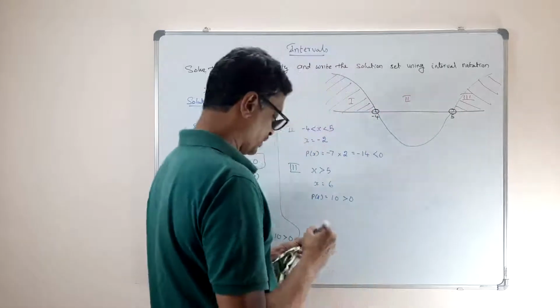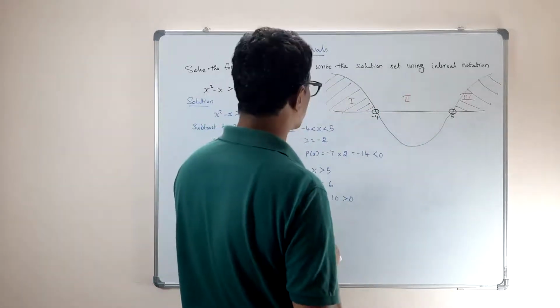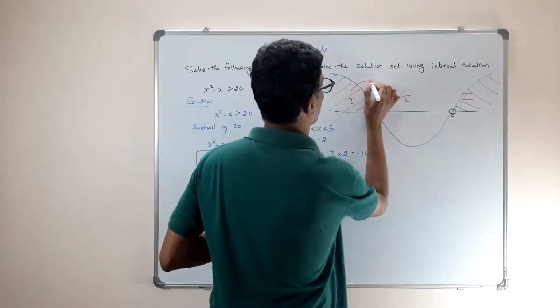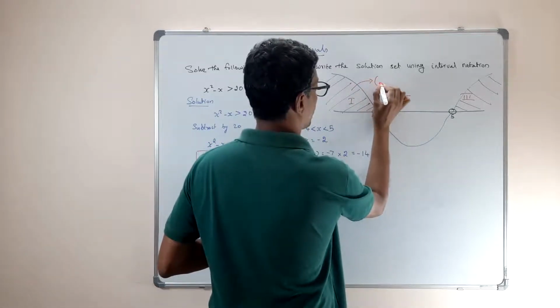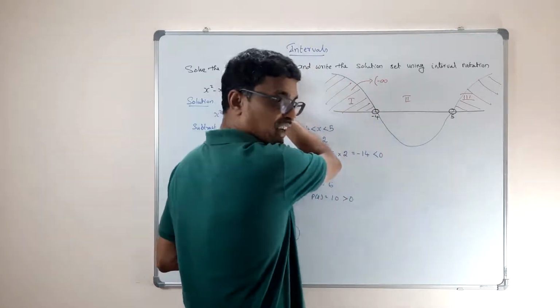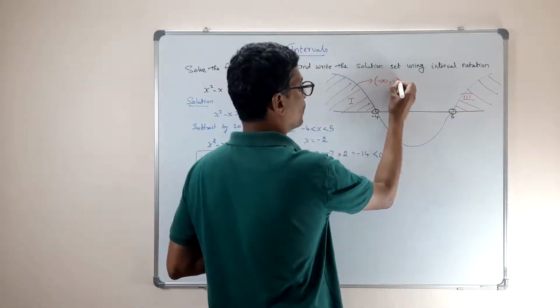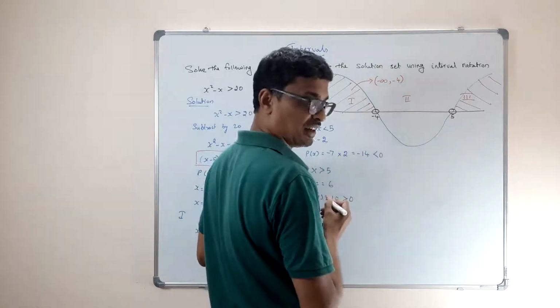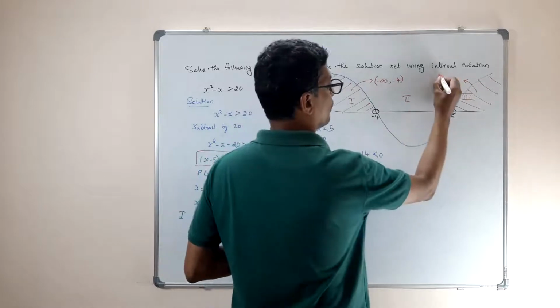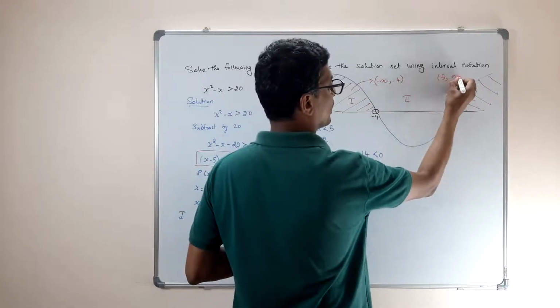So this region has an open interval from minus infinity to minus 4, again open, and this region will be 5 open to infinity.